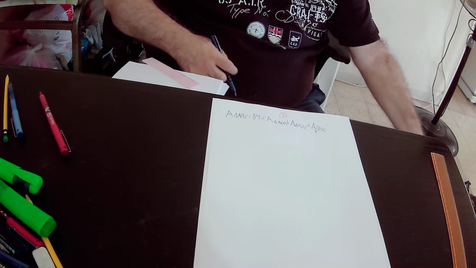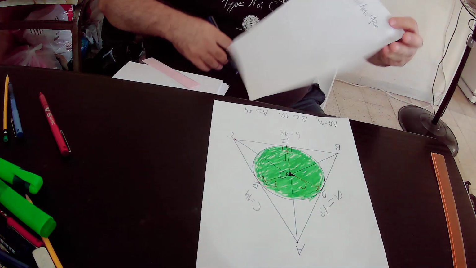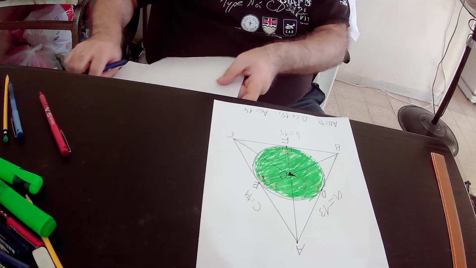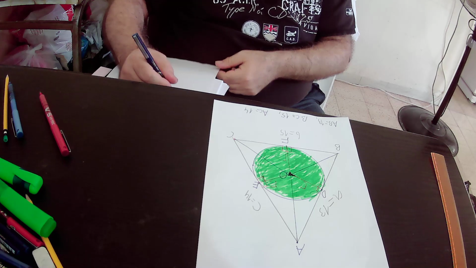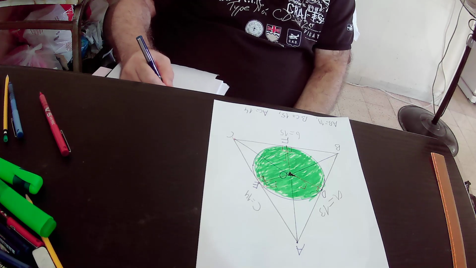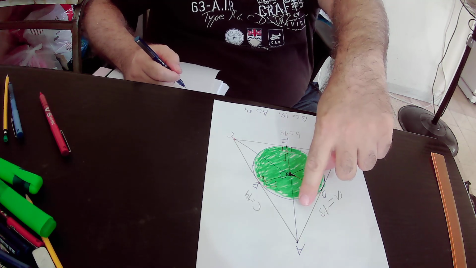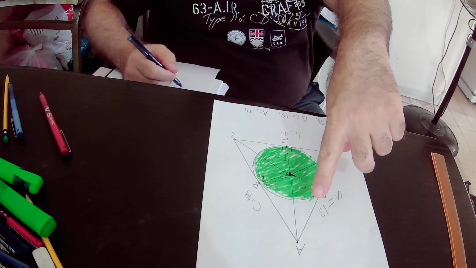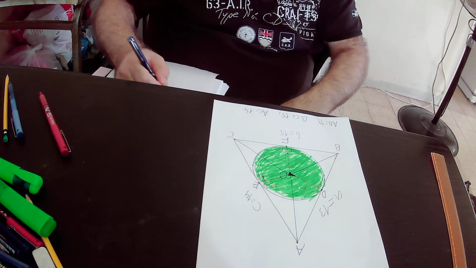Okay, so what is the area of triangle AOB? The area of this triangle AOB equals the base of the triangle, that is AB, times the height to the base.